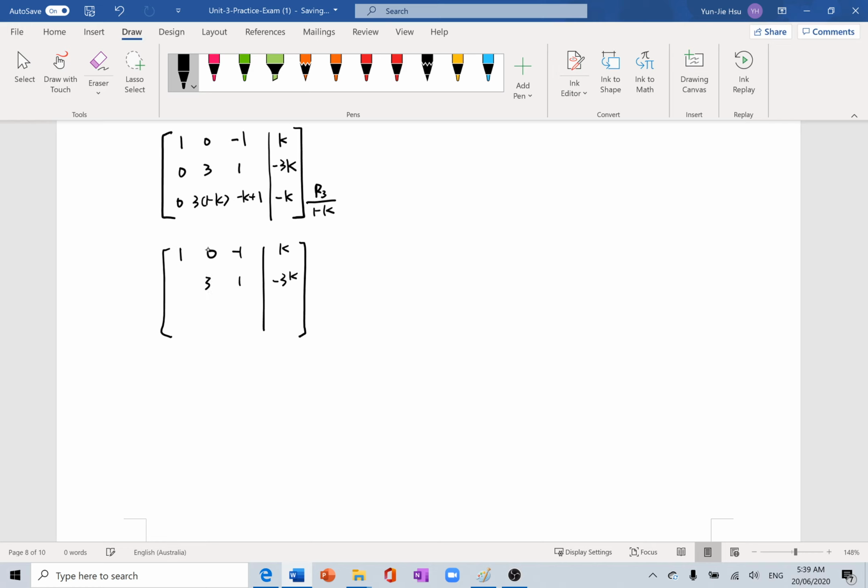Row 3 divided by 1 minus k: here is still 0, here becomes 3, right? Here becomes negative k plus 1 over 1 minus k. Oh, here should be 1. Should become 1, right? And here becomes negative k divided by 1 minus k.